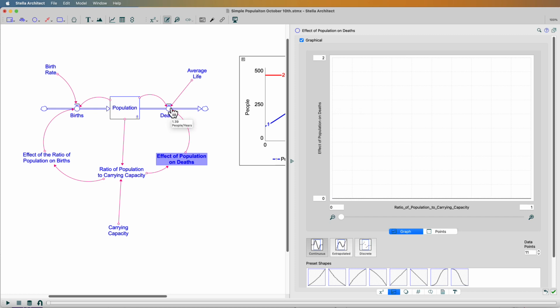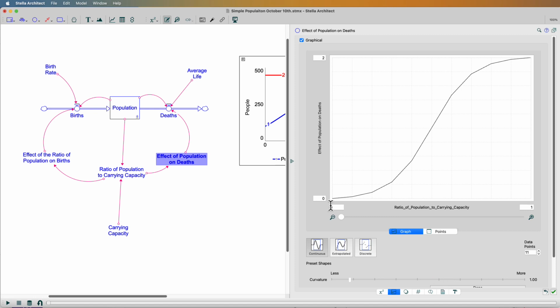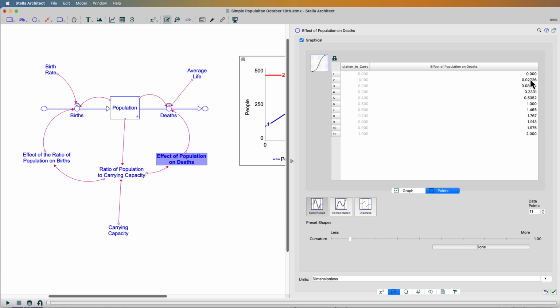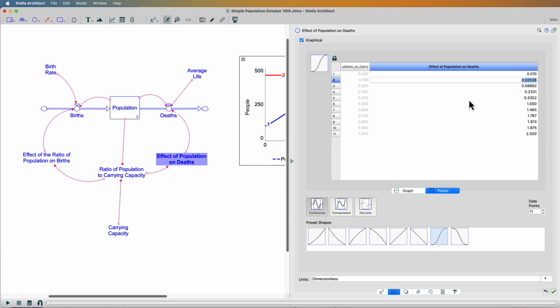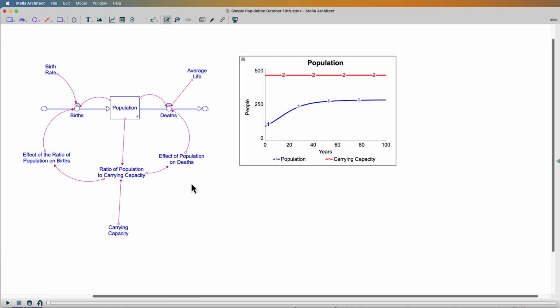So I would want a positive slope. And I'm going to select this S-shape here. One of the things I'm betting is that there's no way that deaths will go to 0, even if there wasn't much carrying capacity. I'm going to go into the points, and I'm just going to have a small 0.01. There always has to be death, I believe. And so I have done that, and now I'm going to simulate.